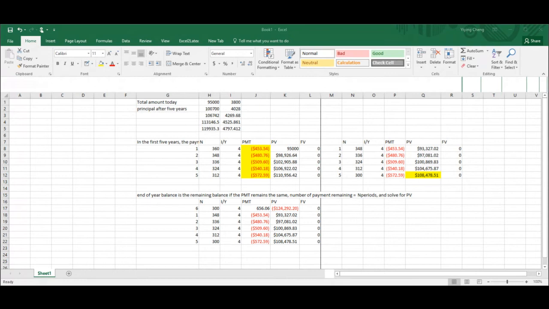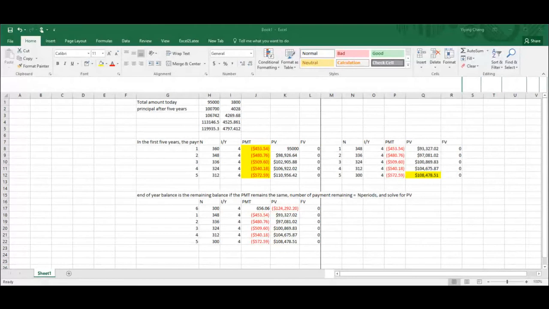Next step is to calculate the balance outstanding at the end of year one. This time, in this black column, column Q, the present value is for all the remaining payments. At the end of year one, we're going to have 348 remaining payments, because you already paid 12 in the first year.